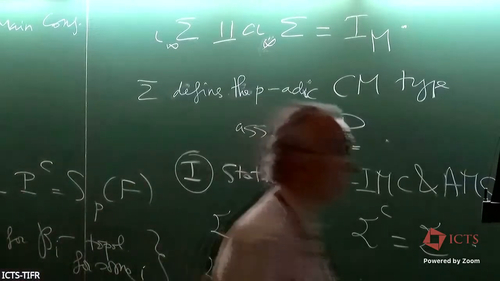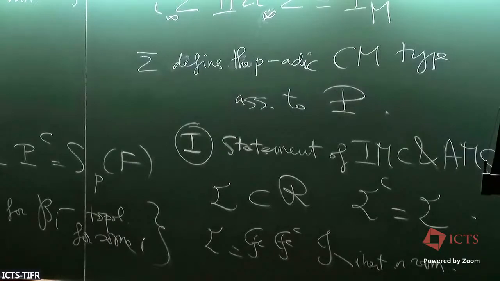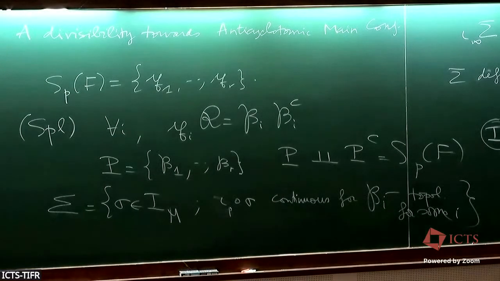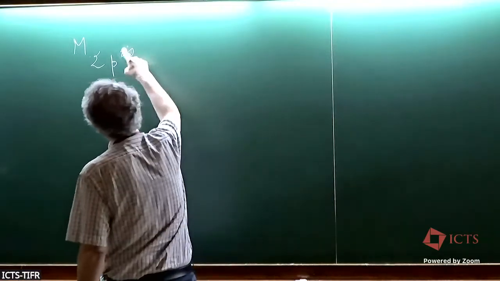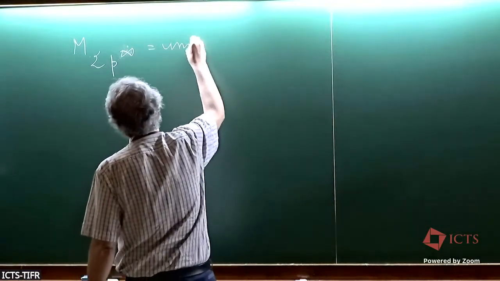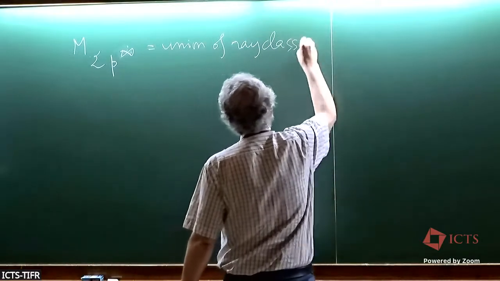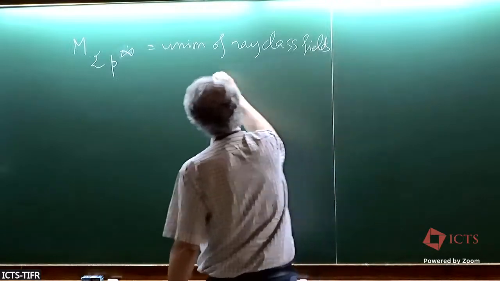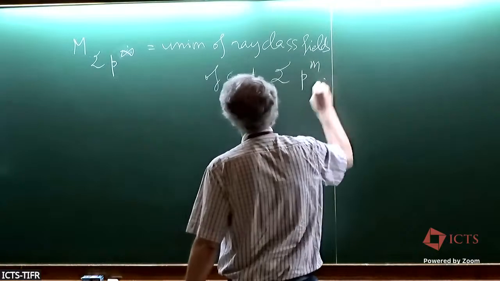So we consider the ray class fields of conductor C p to the n, and we take the union. So this is the union of the ray class fields of conductor C p to the m.